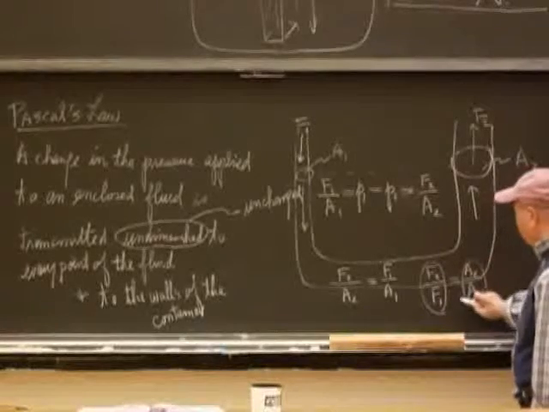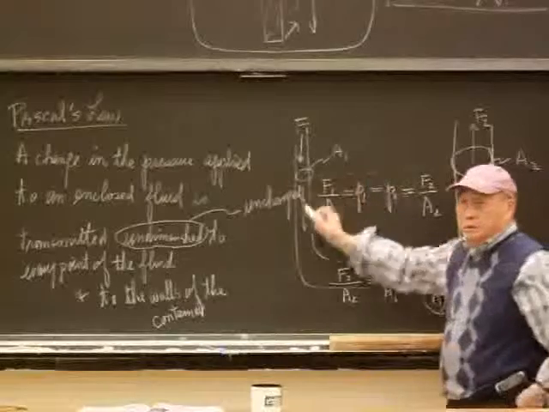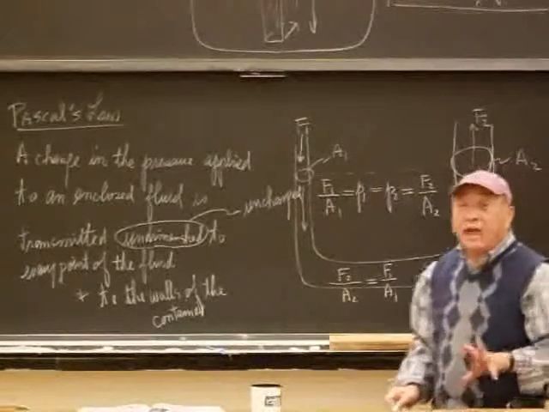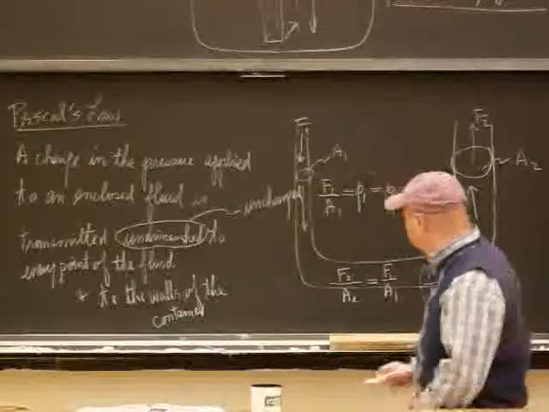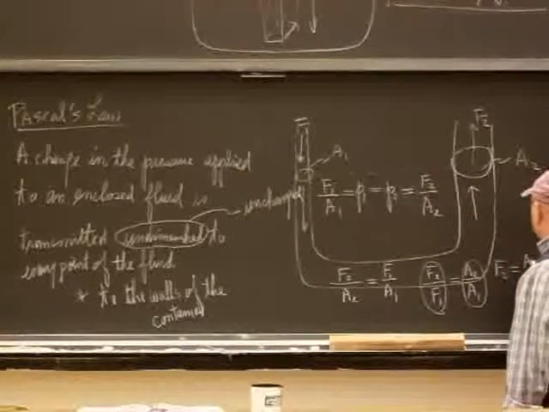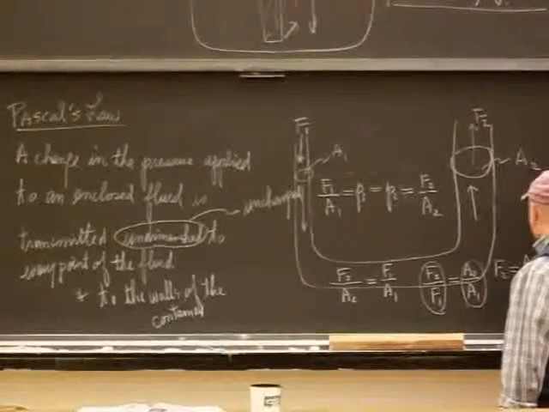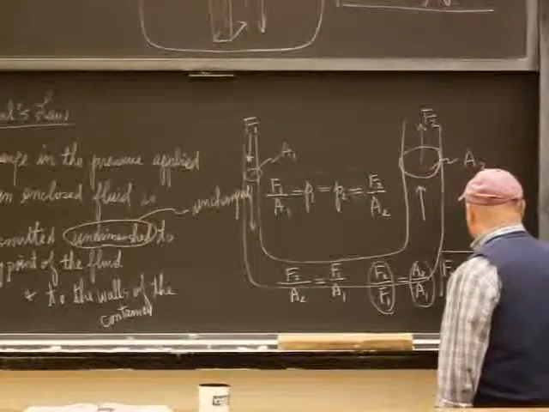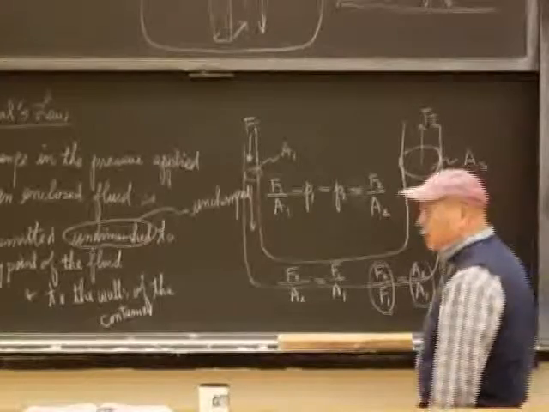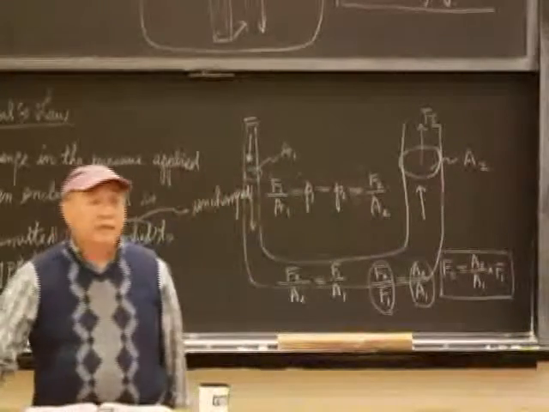In these cases, the area is a force multiplier. That means F2 is equal to A2 divided by A1 times F1. That is the situation here. Okay?